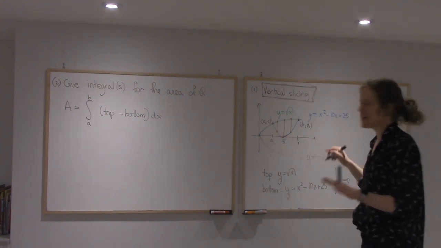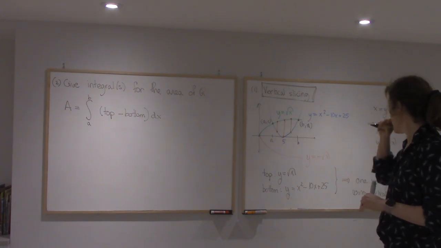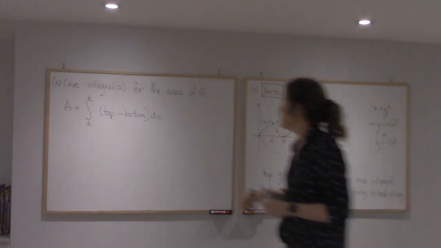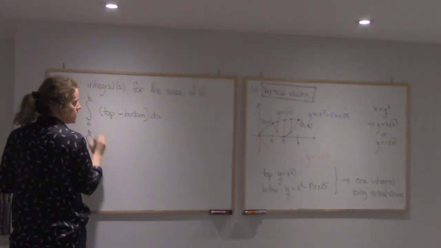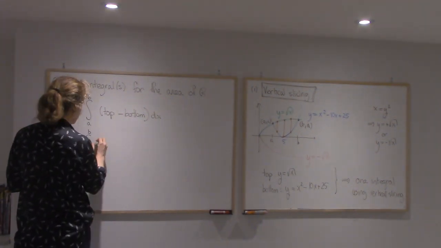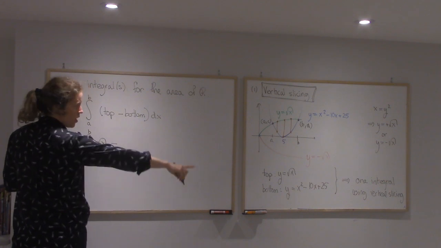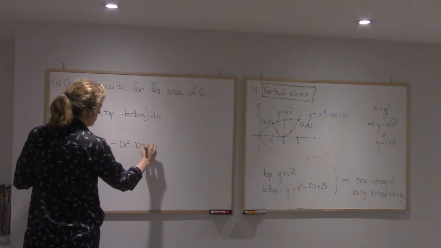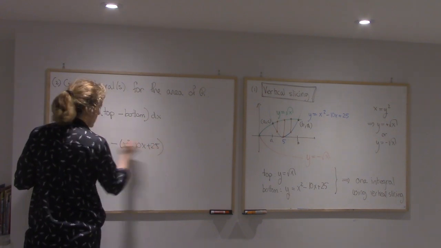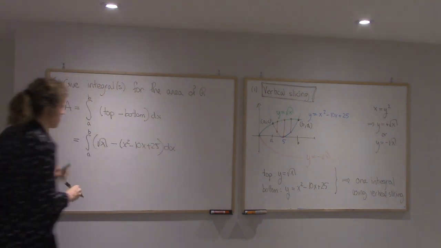The algebra is not nice and numbers are not nice. And so I'll get the integral from A to B. Top we said was root of x. Bottom is x squared minus 10x plus 25 dx.